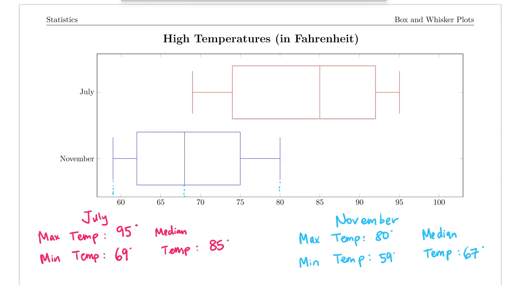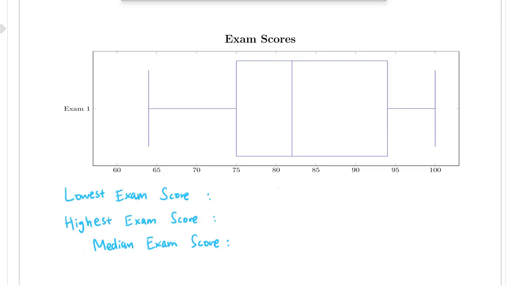Let's quickly look at another example of where we might use a box and whisker plot. Suppose that this was a hypothetical class that took their exam 1, and this represents their exam 1 scores. So this tells us that the lowest exam score that occurred was a 64, and let's assume that this is a score out of 100 points.